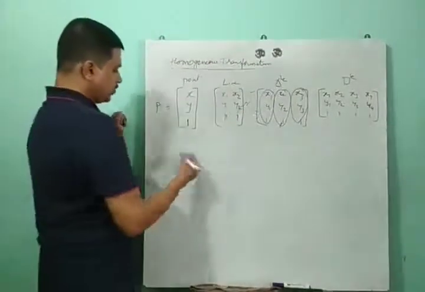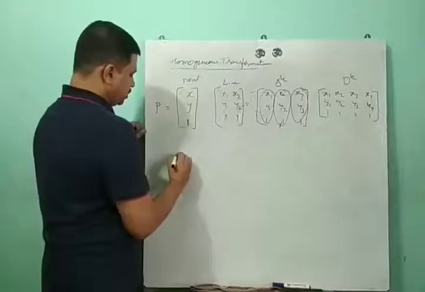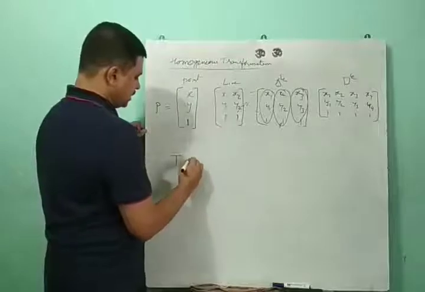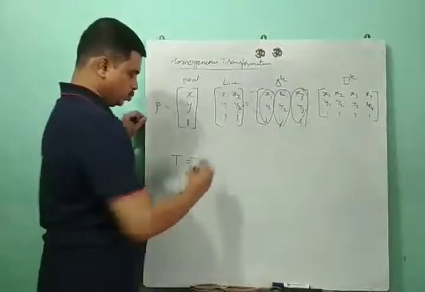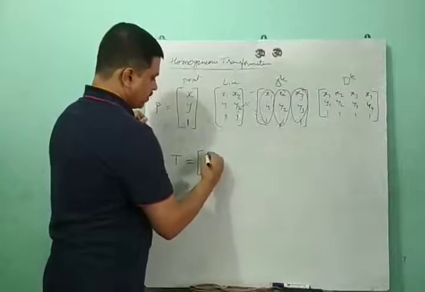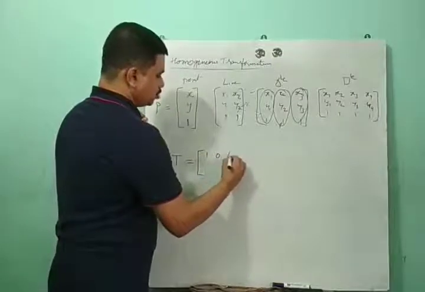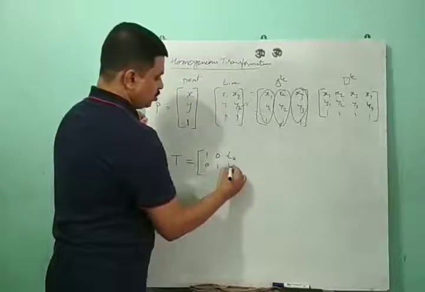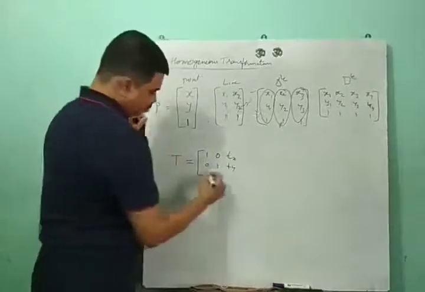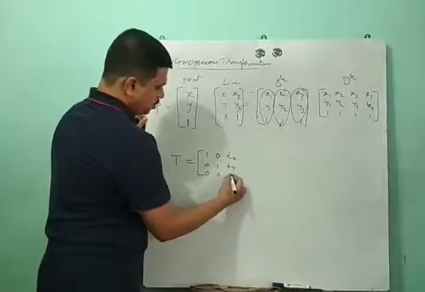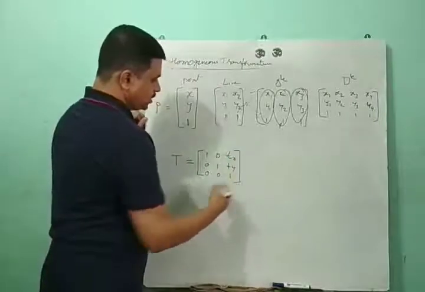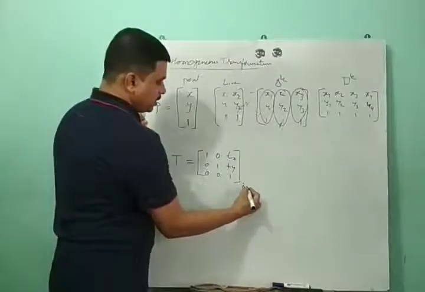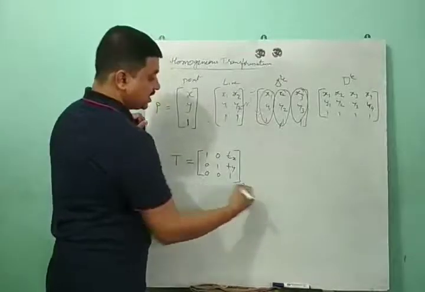And regarding the transformations, the transformation matrix in homogeneous is represented as T is equal to 1, 0, Tx, 0, 1, Ty, 0, 0, 1. The third row is a dummy one. So here the transformation matrix is represented as a 3 cross 3 matrix.